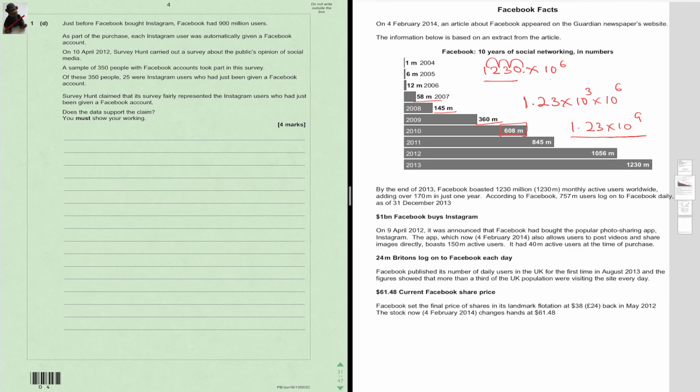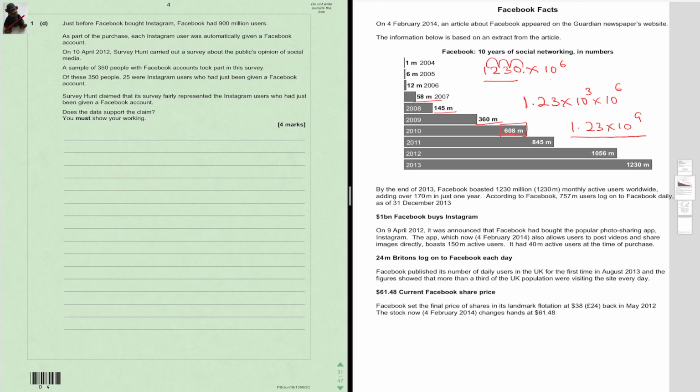Survey Hunt claimed that its survey fairly represented the Instagram users who had just been given a Facebook account. Does that data support the claim? We need to show our working well.